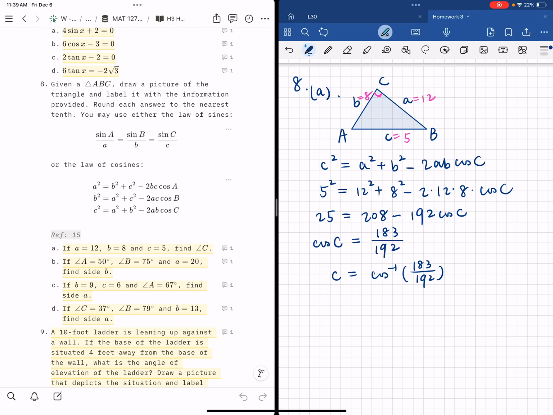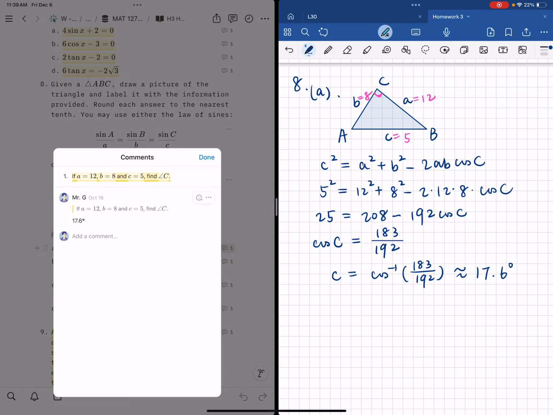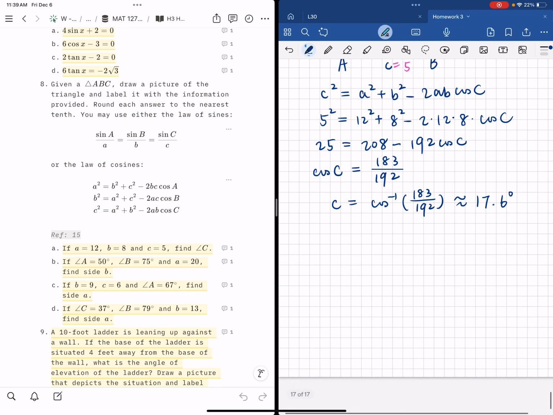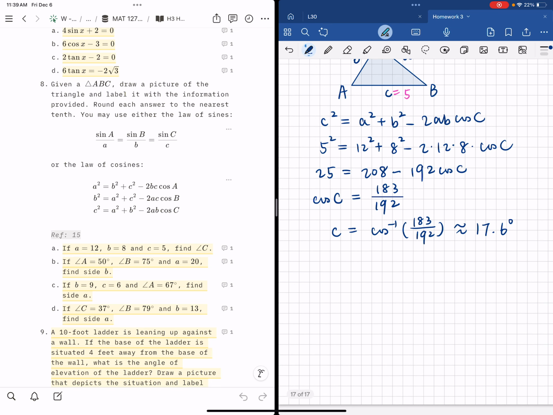And then for your final answer, let's see. This question did not say what kind of angle format it requires. It could be degrees or radians. I'm just going to use degrees. So it's approximately 17.6 degrees. Let's see. Yep, 17.6 degrees. So that would be part A, using the law of cosines.